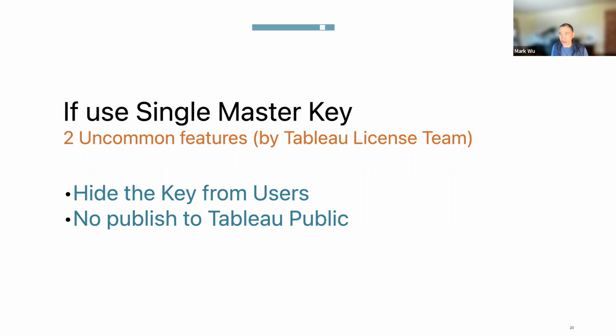Also, you can configure your license so that users cannot publish anything to Tableau Public. Again, optional. Those two features cannot be configured by you, but by the Tableau licensing team, because they are associated with the license itself.